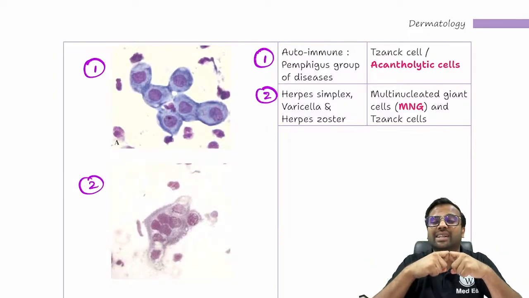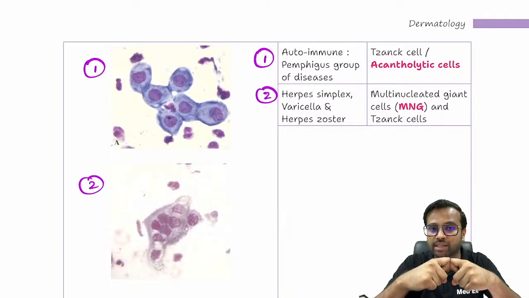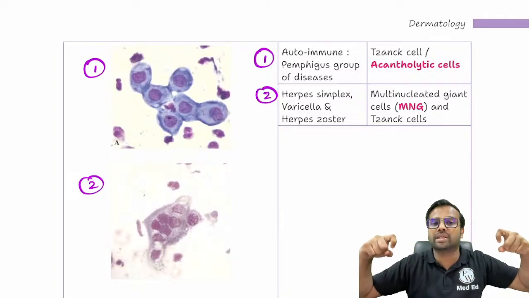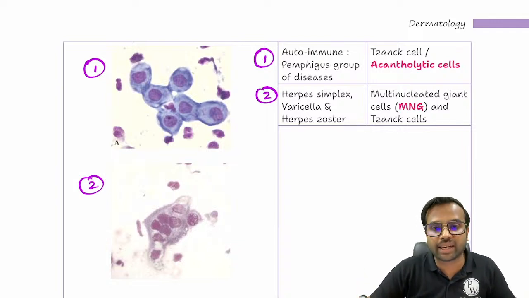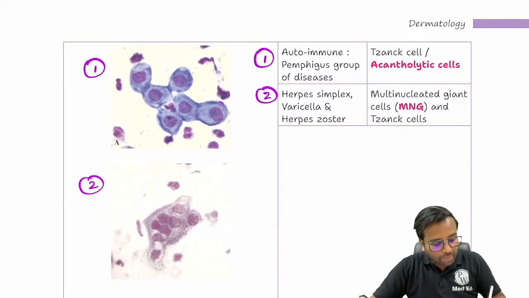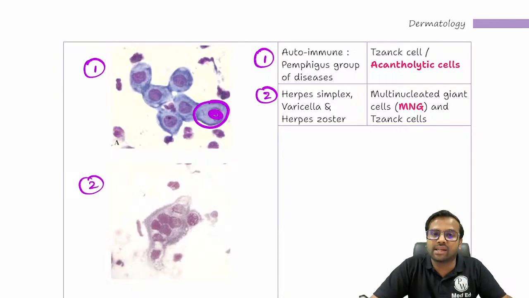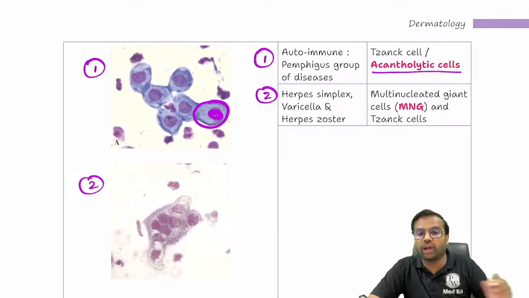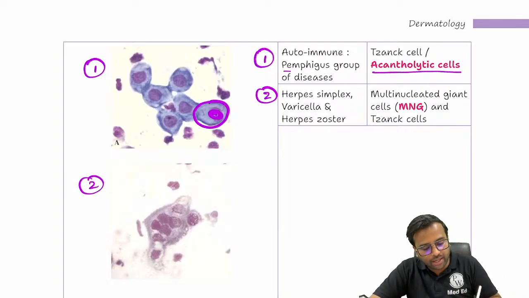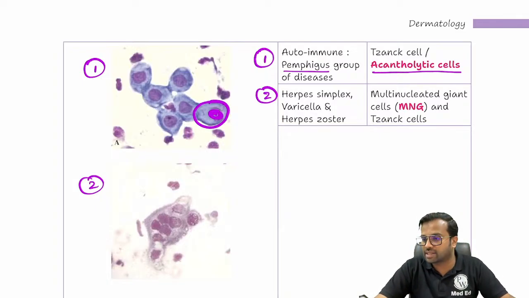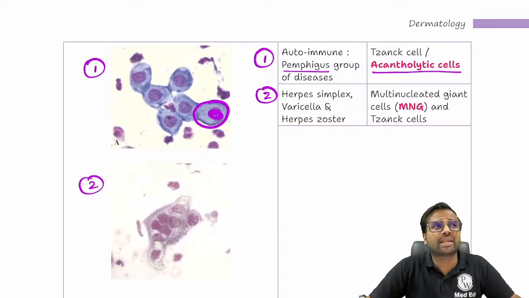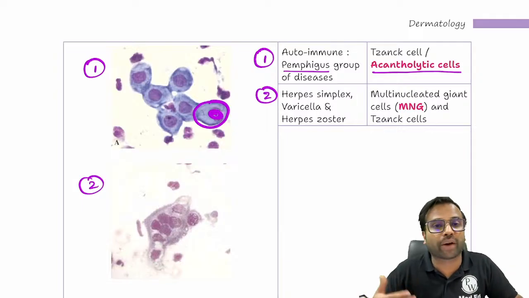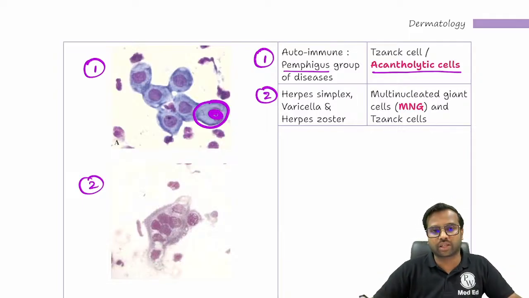So whenever there is a desmosomal defect, what happens? The cells will get separated from each other because the glue is defective. And whenever the cells are getting detached from each other, they become rounded cells with a large nucleus like this. And these are called as acantholytic cells, which can be seen in pemphigus group of diseases. I hope all of you remember this, right? Or what happens in some infections where you find some vesicles over the trunk?